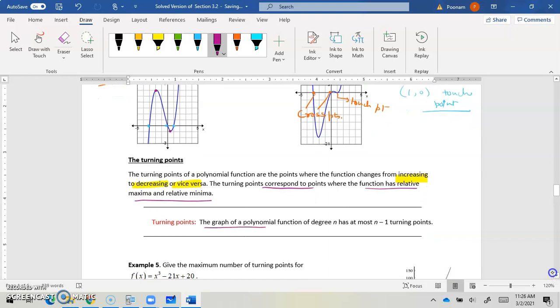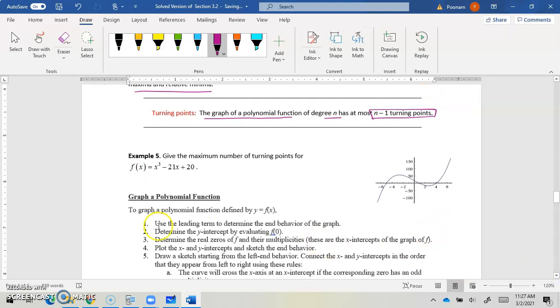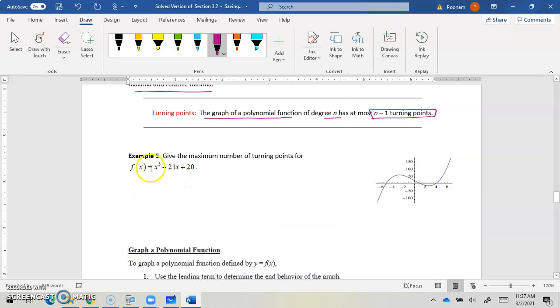The graph of a polynomial function with degree n has at most n minus 1 turning points. At the maximum, it will have n minus 1 turning points. Let's say we have this function x cubed minus 21x plus 20. Then what is the degree? It is equal to 3.